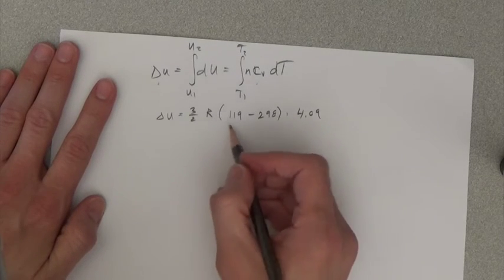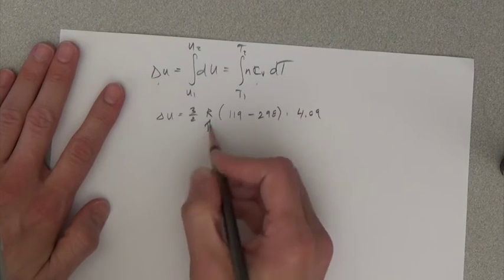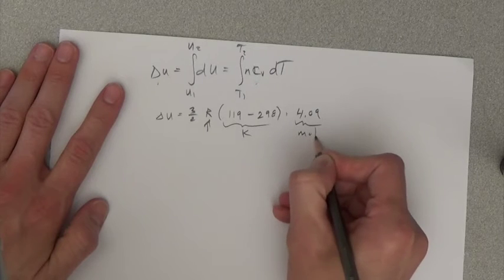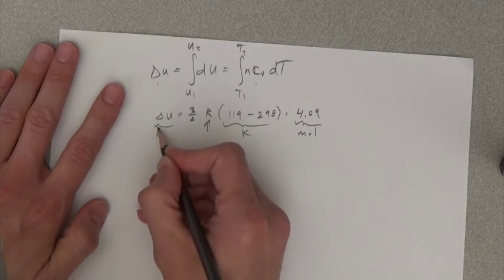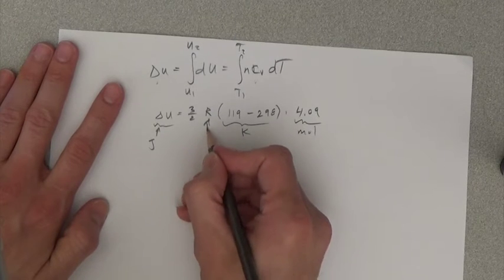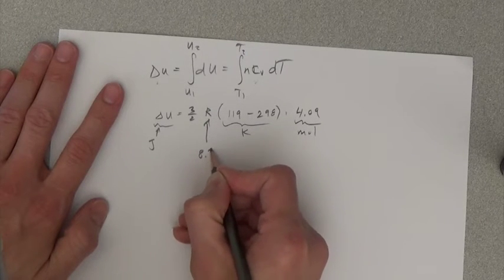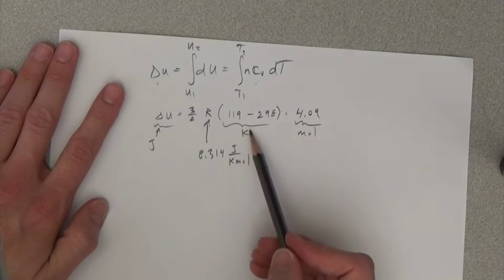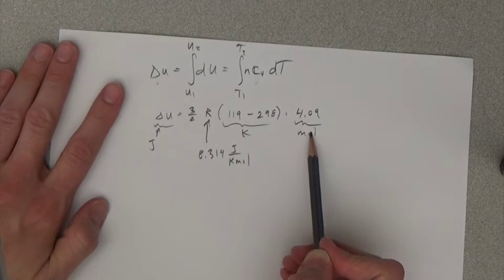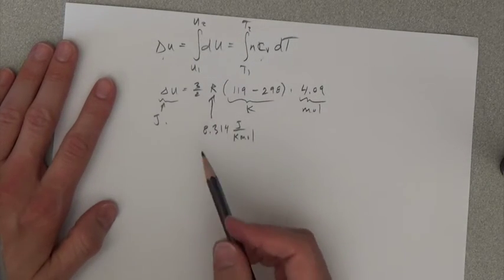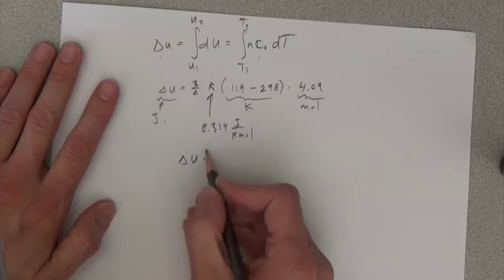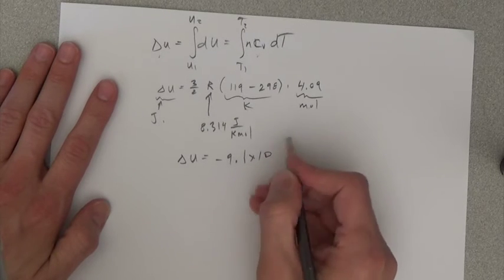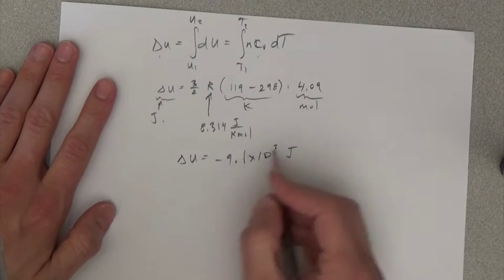So this is in K, this is in mole, this is in joule, which means that this R must be 8.314 joule per K mole in order to get K and mole to cancel out, just leaving joules. Or dU is equal to minus 9.1 times 10 to the third joule.